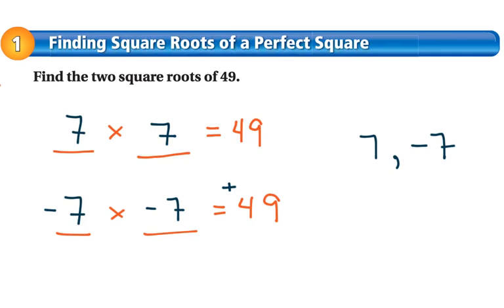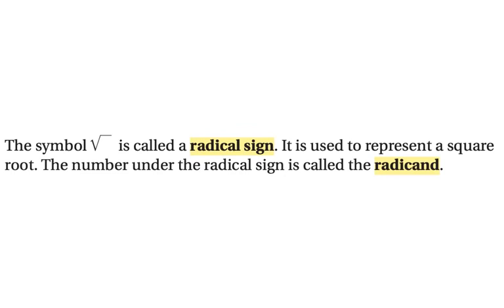Now, writing out directions every time to find the two square roots can be a little cumbersome, which is why we use some different notations for square roots that you're probably more familiar with than you realize. The symbol we see here is called a radical sign. It's used to represent a square root. The number under the radical sign is something we call a radicand.